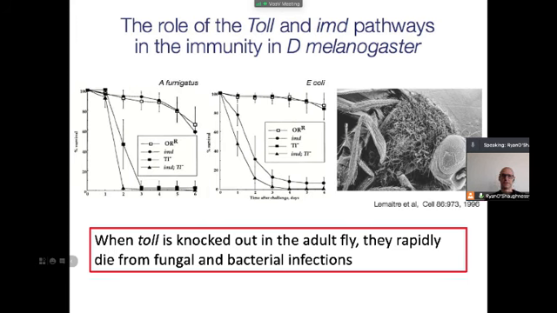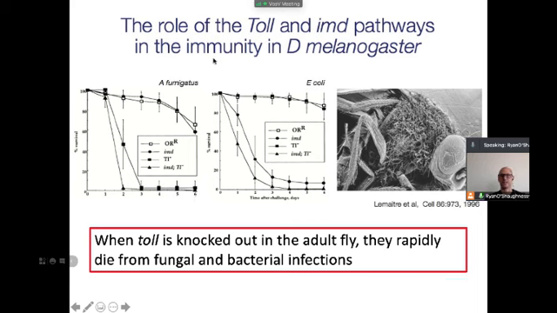And this was further confirmed later on in this paper. You can knock out the toll gene in the adult fly, and when we do, so we're looking at these black squares, we can see here that very, very quickly flies die.